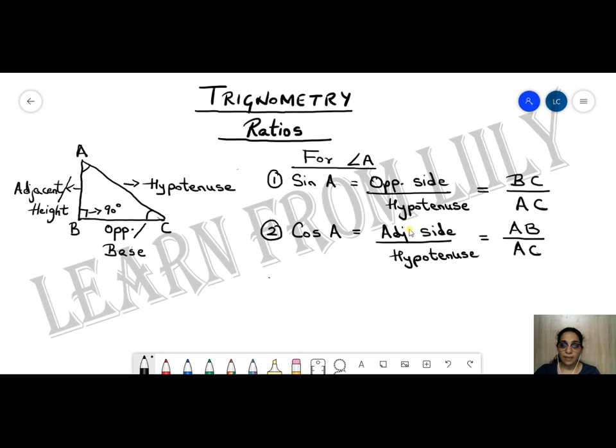And the third basic ratio is tan. Tan A. You heard of tangent in terms of circle. So here also the full form is the same, tangent, but here we are using it in terms of a triangle and not a circle. So tan A is opposite side upon adjacent side.